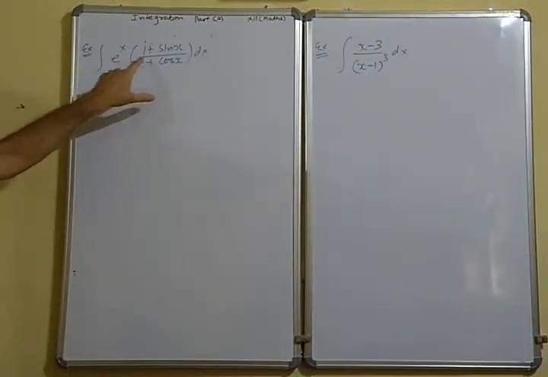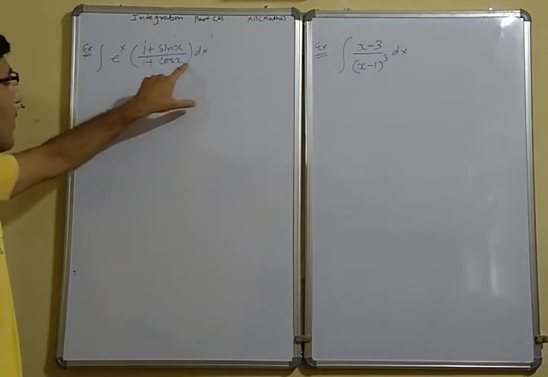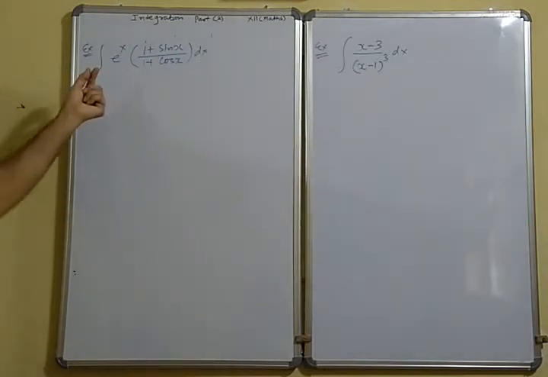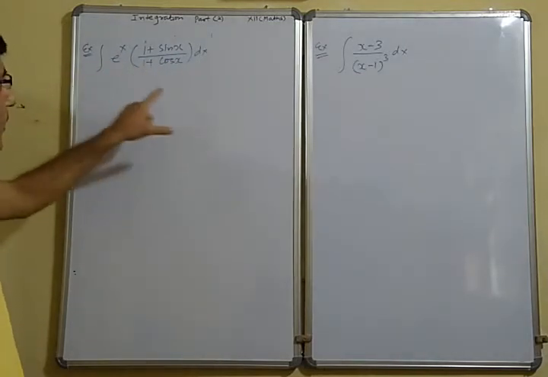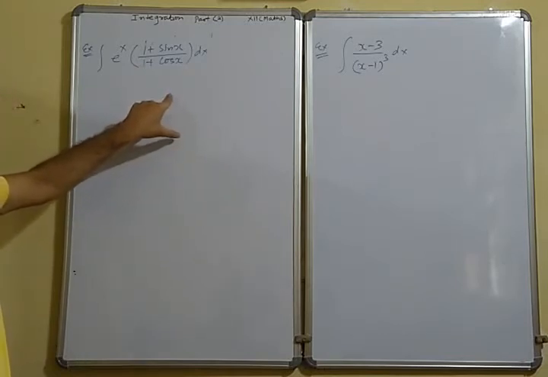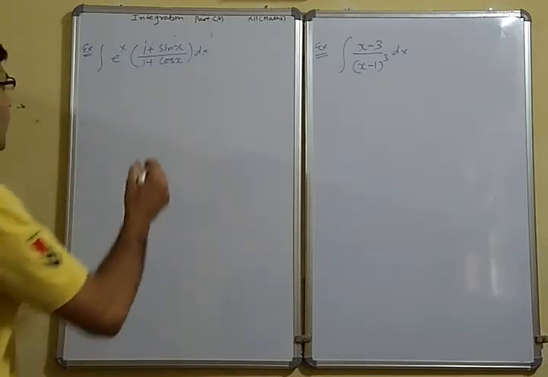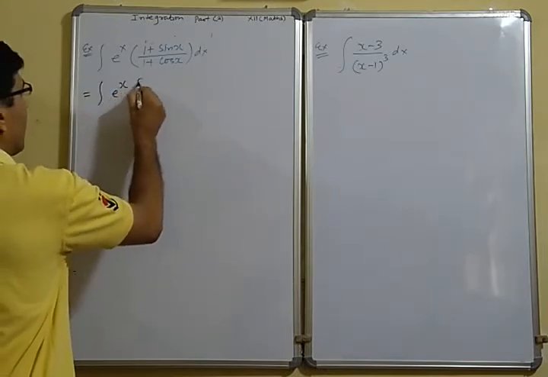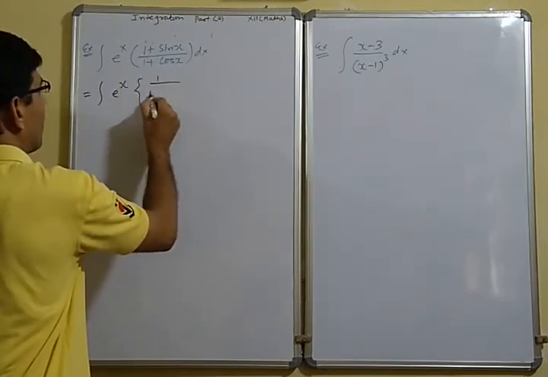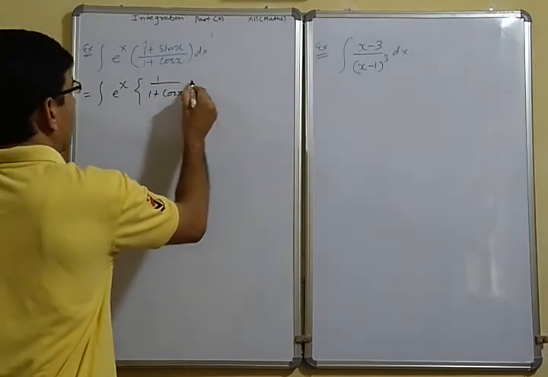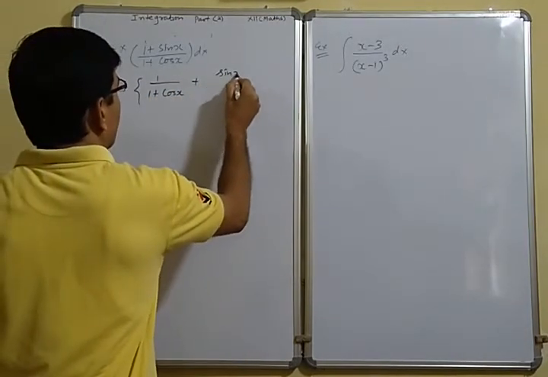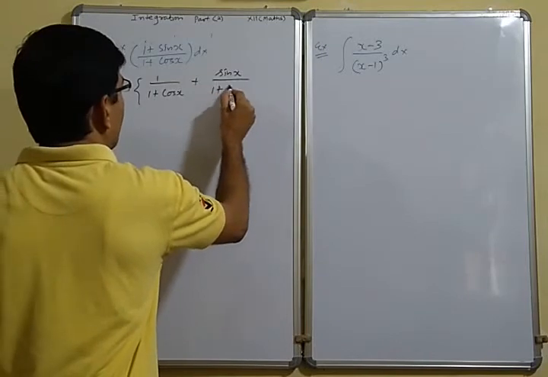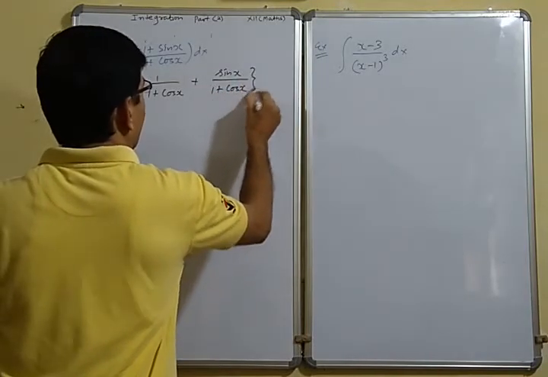Integrate e raised to power x (1 plus sin x) upon (1 plus cos x) dx. So now we have to break it in the form e raised to power x [f(x) plus f dash (x)]. So how can we break it? e raised to power x, so this is 1 upon 1 plus cos x plus sin x upon 1 plus cos x dx.